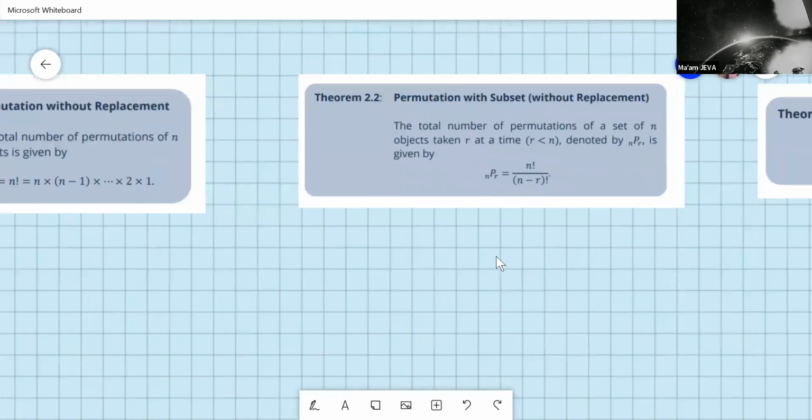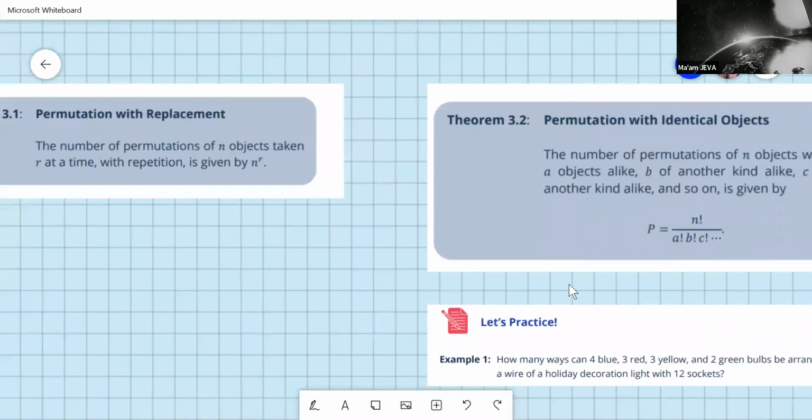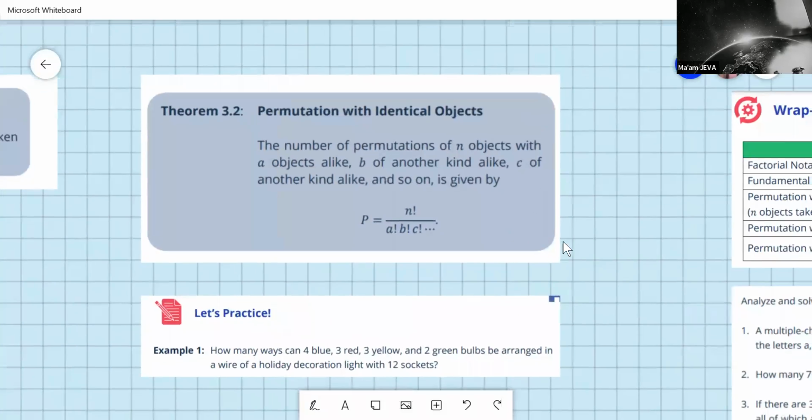Replacement is done. Now let's go to identical objects. Another permutation is when the number of permutations or arrangements of n objects with a objects alike, b of another kind alike, or c of another kind alike, and so on, can be given by this formula.